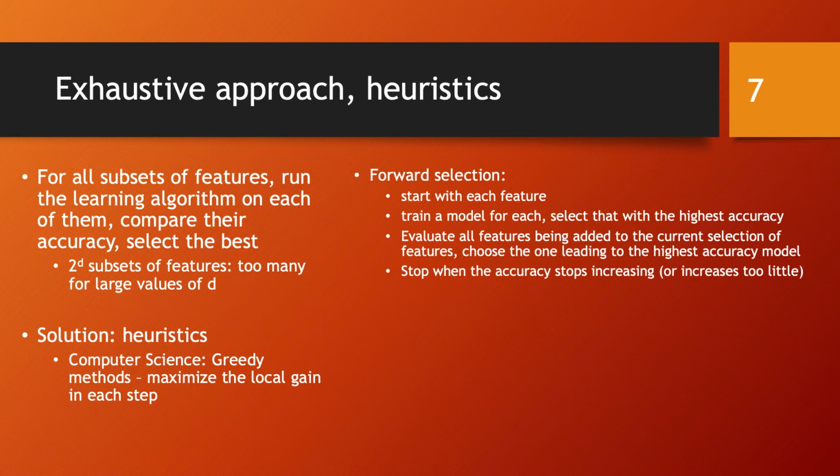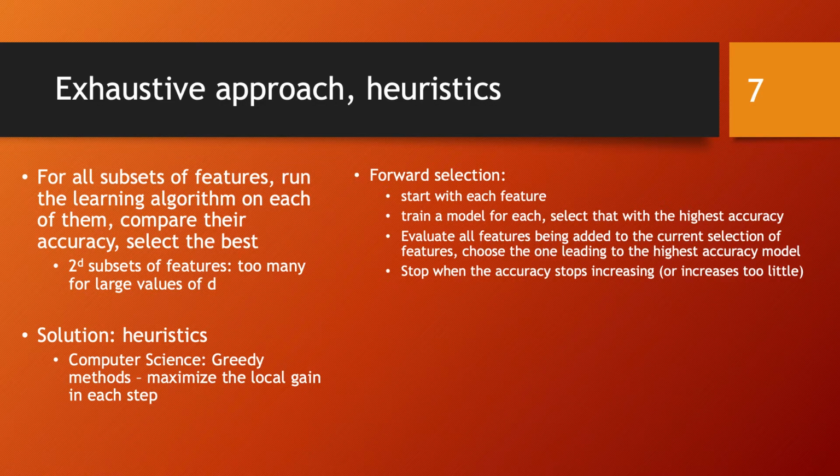And then in the next step, we will say, well, for this feature that we just selected, I would like to see what other features I can add. So you're going to, again, evaluate all the remaining D-1 features and add them one by one to the feature you selected in the previous step. So this time you are going to evaluate D-1 models, each one of them with 2 features. And again, you are going to choose the one leading to the highest accuracy.